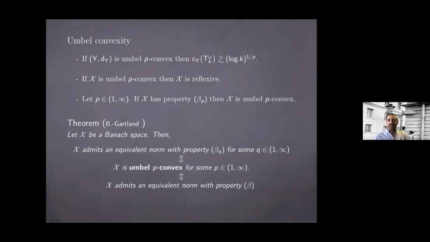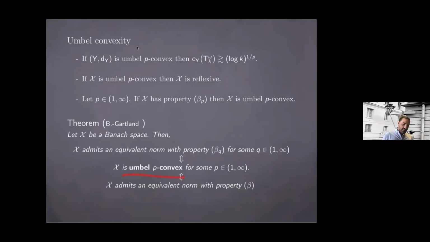Okay. And the question that you want to answer is, can I take the same value? Can I take p equals q? Does Umbel p-convexity imply having a renorming with property beta p? Okay. And this would be great because this would really be the analog of the characterization of p-uniform convexity in terms of Markov convexity.